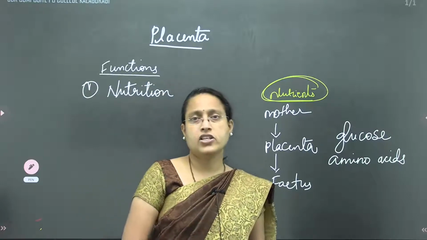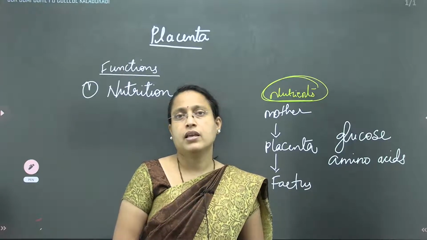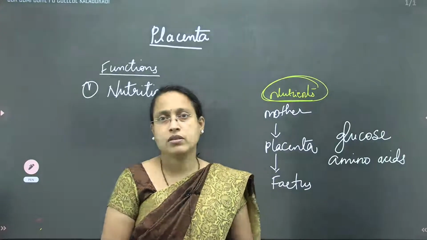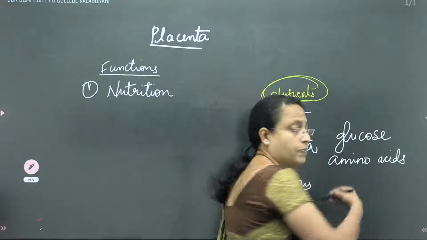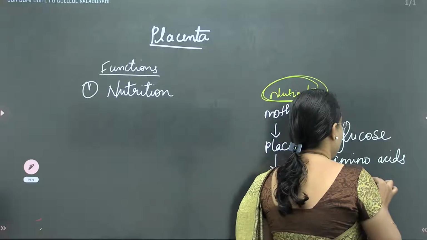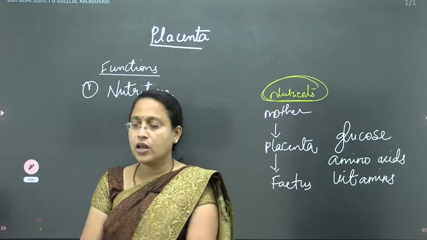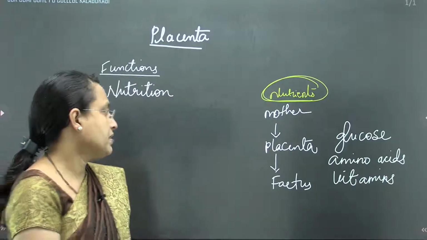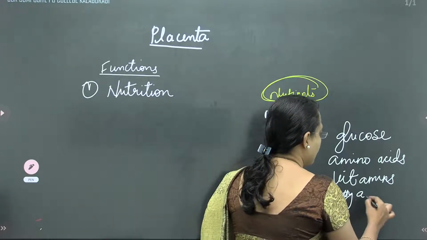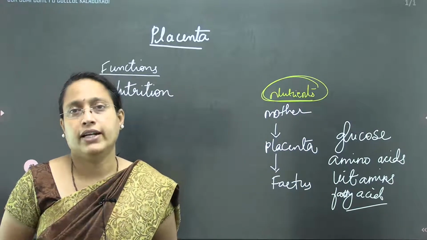Within this, again, there are essential and non-essential amino acids, because some of them can be synthesized by the body and some of them require an external supply of those amino acids. So glucose, amino acids, and one more is vitamins. Even fatty acids can diffuse through and reach the developing fetus.